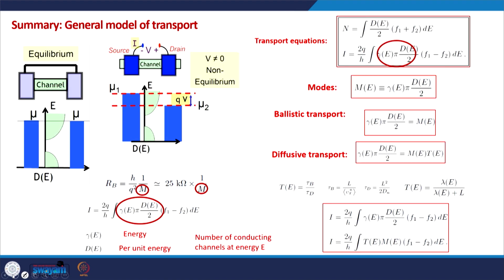From this general model of transport, we could find out the IV characteristics, or the current and the steady state number of electrons. We also came across many new properties as well. For example, the number of modes in a device, the broadening of energy levels, which is due to the finite lifetime of electrons in a system.